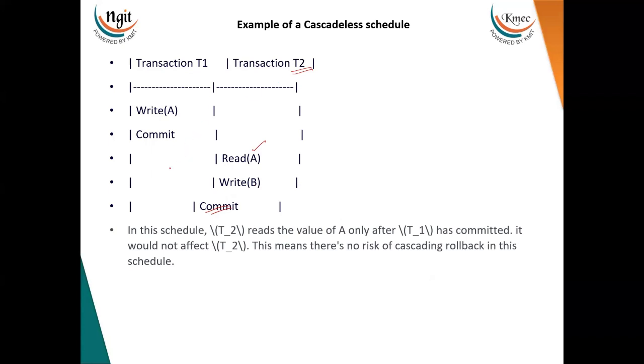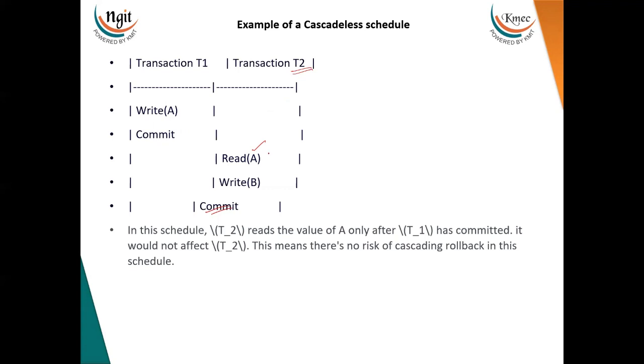After committing, if for any cause the transaction T1 fails, then what happens? As T1 has committed the value of A, it is not required for T2 to roll back its operations, because T2 is reading the value of A only after the commit is made by the T1 transaction.